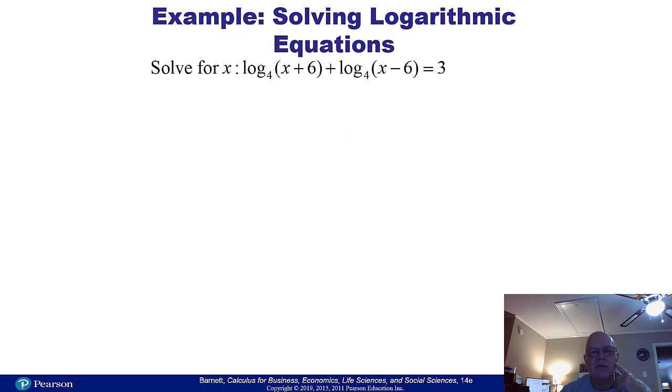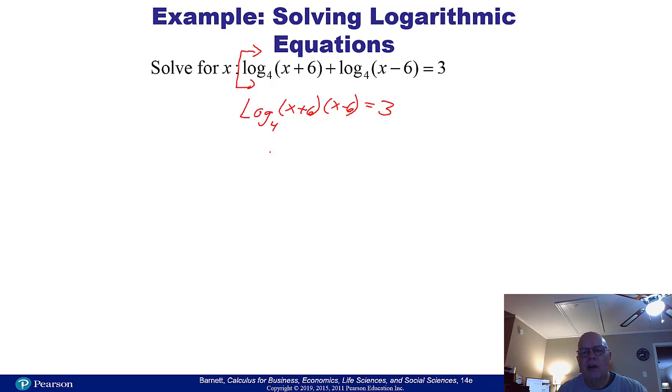Let's try this one. This one has an interesting equation. This gives us a chance to use some of those properties. So here's our equation from there onward. Notice that we're adding exponents, and that means we're multiplying the original numbers. So I can rewrite this part as log base 4 of x plus 6 times x minus 6 equals 3.